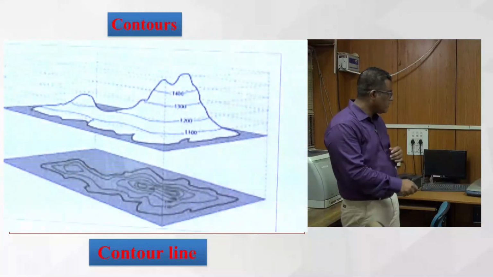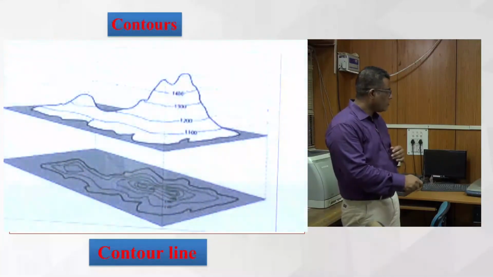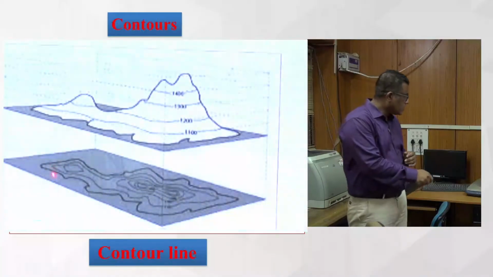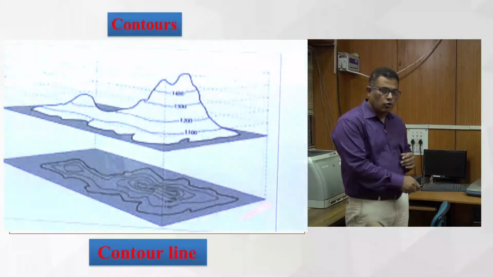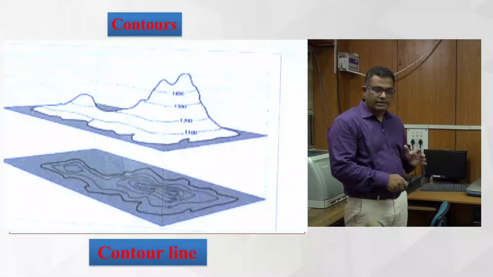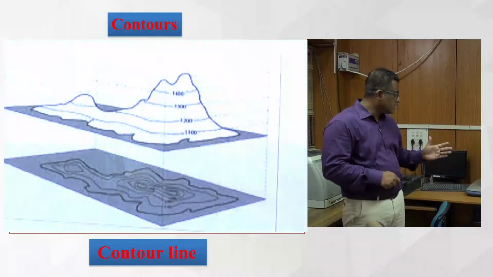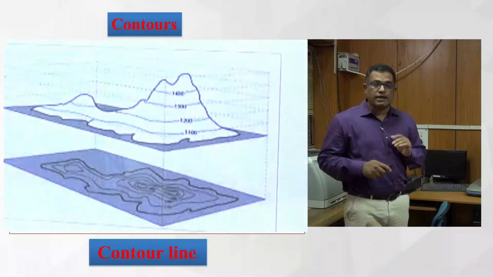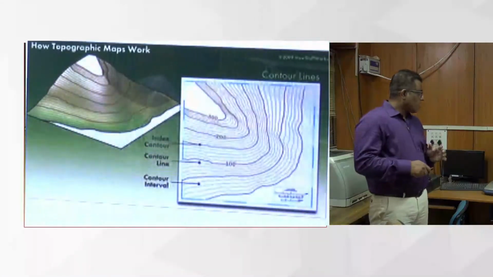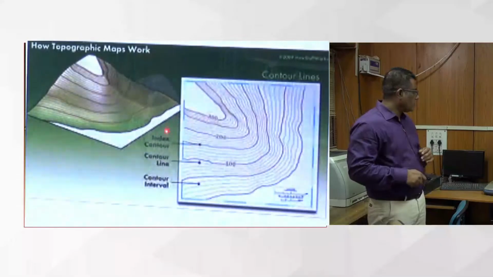Similarly, 1200 would be like this, 1300, 1400, 1500. So these contour lines are forming a loop with higher values inside. That means it is a hillock. Without going to the field, if we see the map of it, we can understand this is a hilly terrain. So this is how a contour topographic map works.